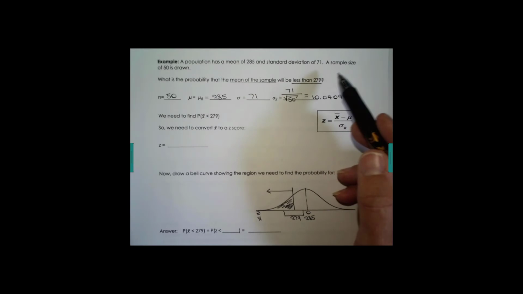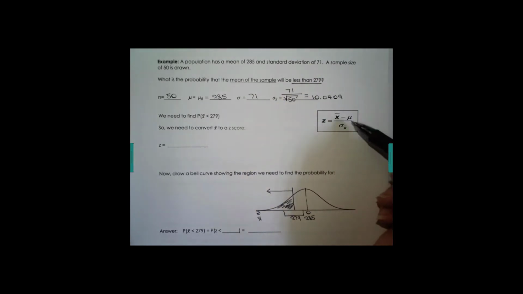So that's very familiar. I haven't changed much on you. All I've changed is that you have to recognize that you're dealing with sampling data and you have to do the division for the standard deviation. So let's see what we can do here. Let's convert and see if we can actually get our z-score.